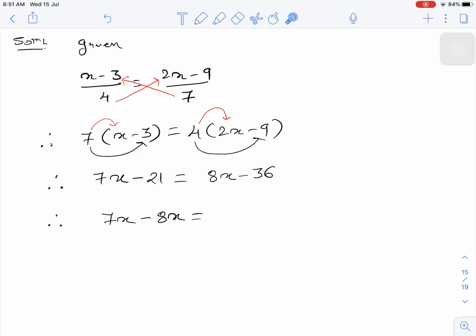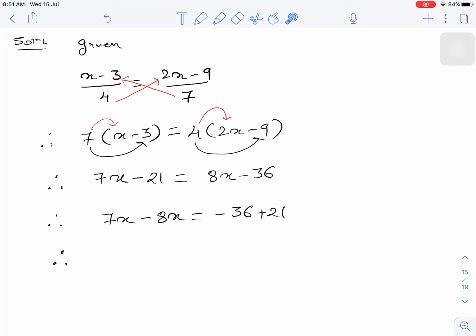Then we are going to change the side of this minus 21, but before that already minus 36 is present over here. When we are changing the side of this minus 21, it will become plus 21.